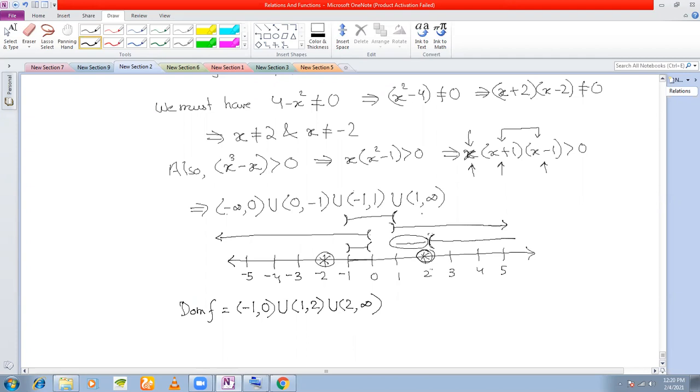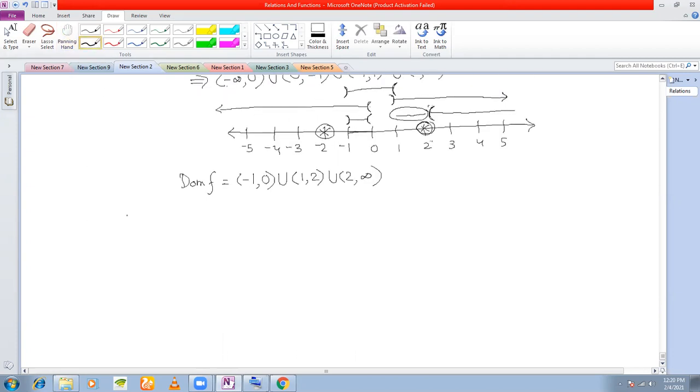Now how to find out the range? Most of the questions, what they will do is ask you to find out the domain and range both. So let us consider just one problem to start with. Find the domain and range of the following functions.